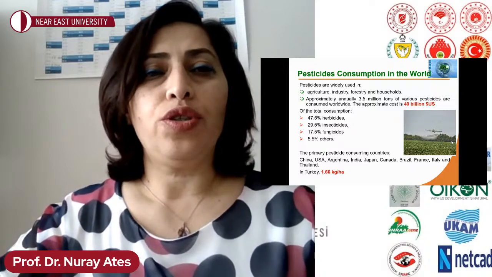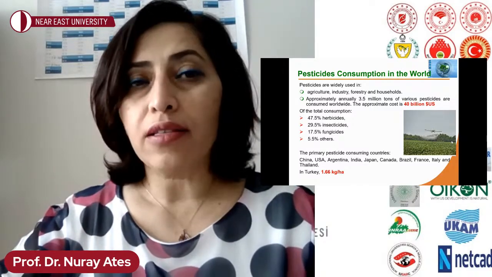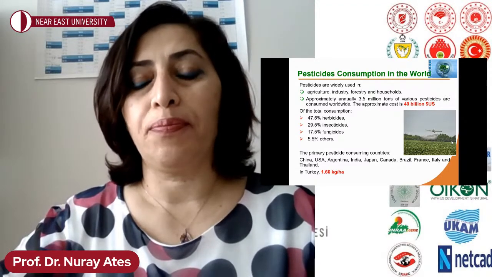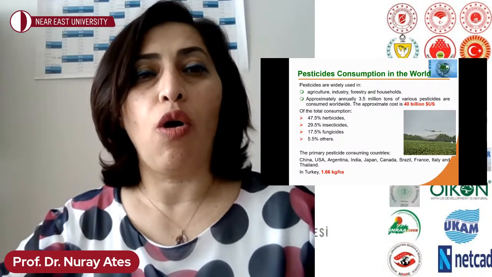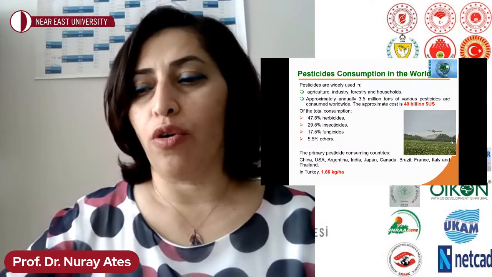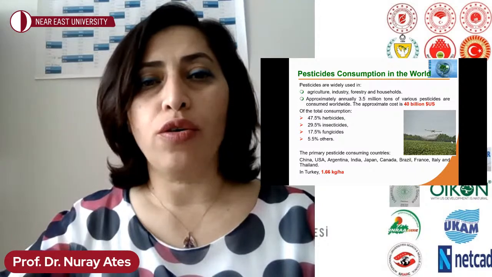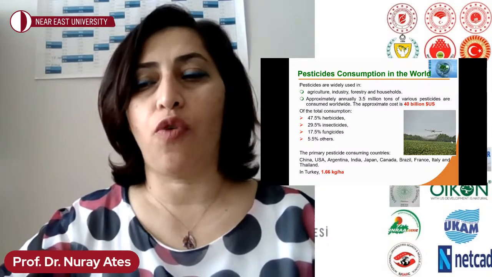Pesticides are widely used for agricultural, industrial, forestry, and household purposes. When we look at the consumption of pesticides all over the world, annually 3.5 million tons of various pesticides are consumed, and the cost of these pesticides is approximately $40 billion.